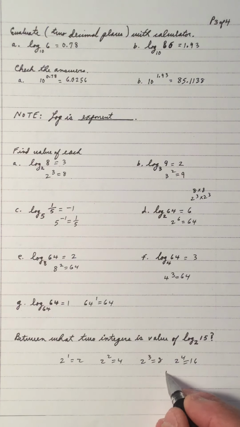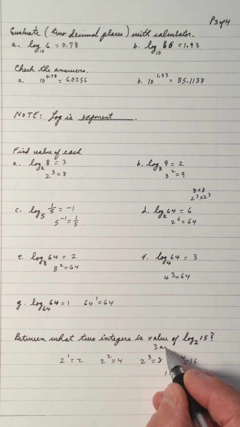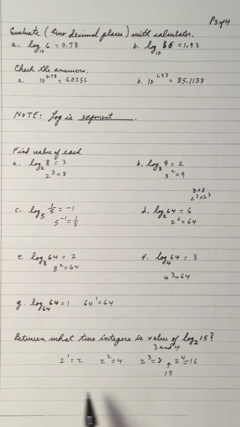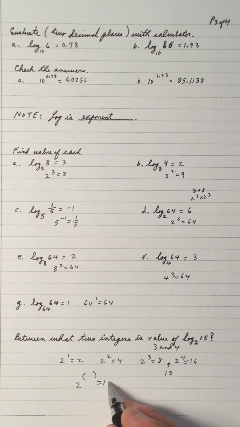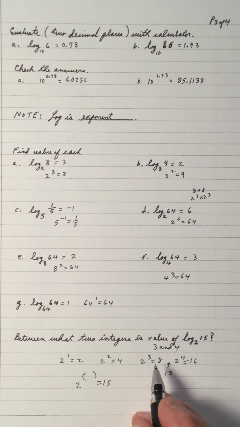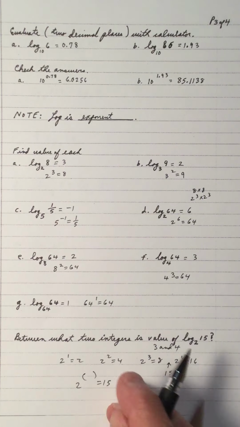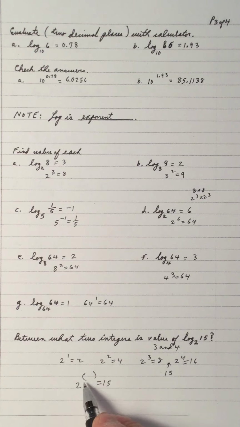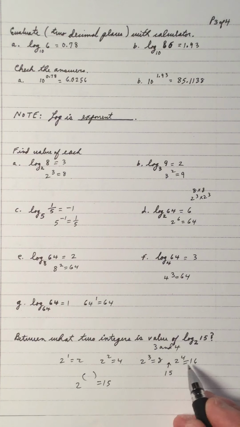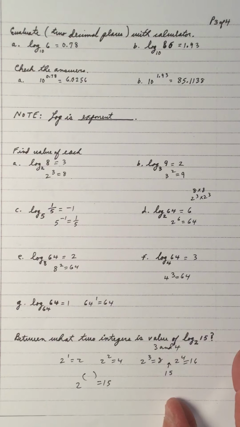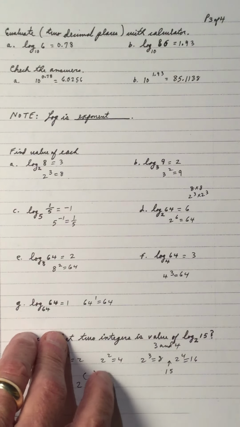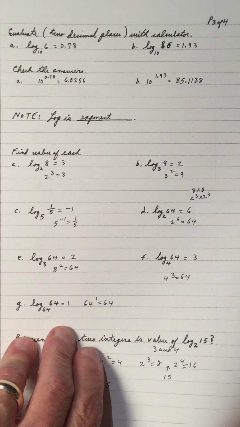So 15 is in between 3 and 4. 2 to what power is 15? Well, we'll learn how to do that later on in my videos. 2 cubed is 8, 2 to the 4 is 16, so somewhere between 3 and 4. And we'll learn that coming up in videos that will follow.